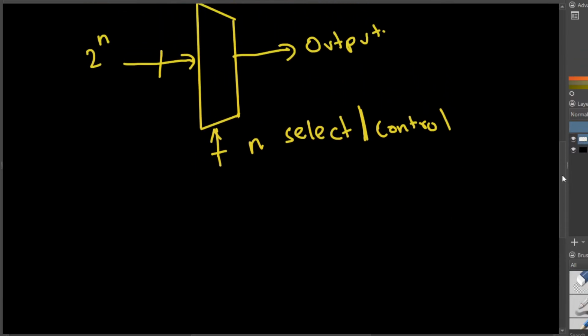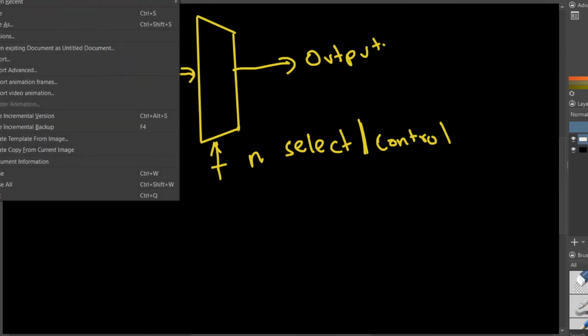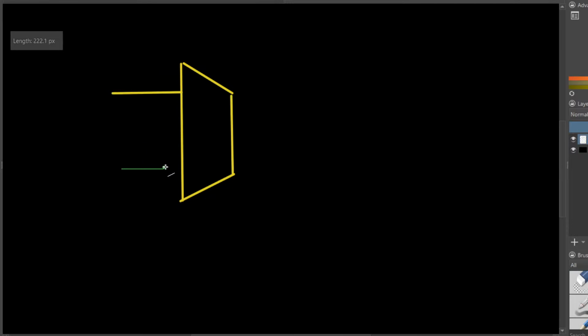Now let's look at a 2x1 multiplexer. I'm gonna go ahead and create a new page for it. Okay, let's look at a 2x1 multiplexer. So for this one, we have 2 inputs, 1 output.